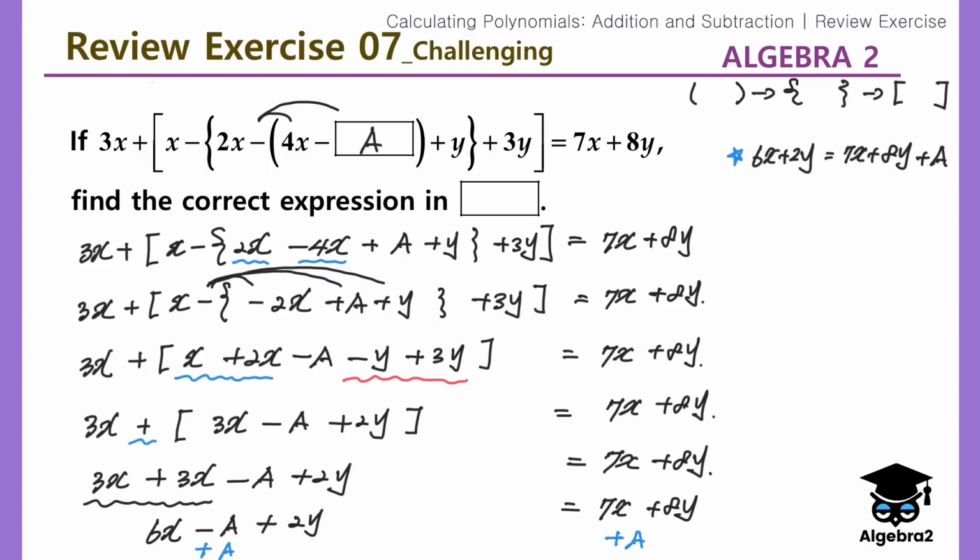And finally, I'm going to subtract 7x from each side, and 8y minus 8y. So the expression a is equal to 6x minus 7x, that's minus x. 2y minus 8y, that's going to be minus 6y. So the empty space a is equal to negative x minus 6y.